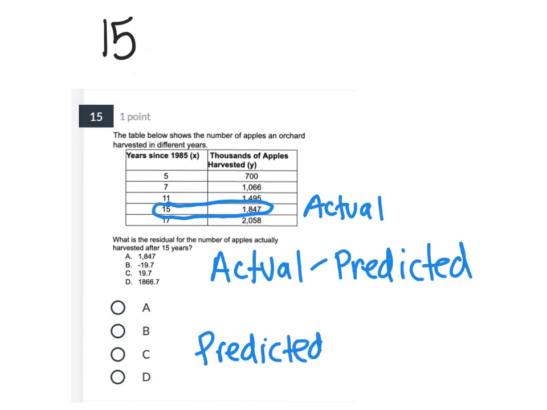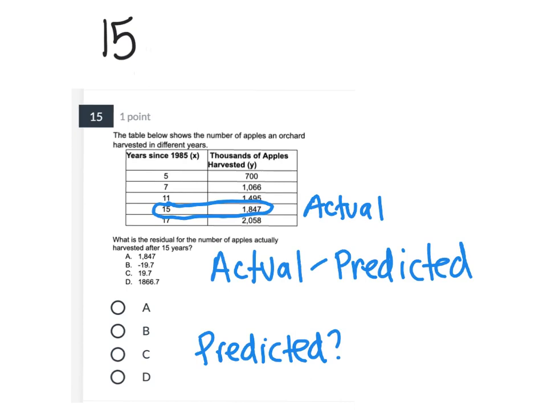Well, how are we going to find the predicted value? Well, we're going to find the predicted value by looking at the best fit model. So we're going to look at this problem, and we're going to put in our table because we got to get the equation in order to get the prediction. Okay, that's the whole point of a best fit. All right, I'm going to fit it in there so we can see that that very much looks linear.